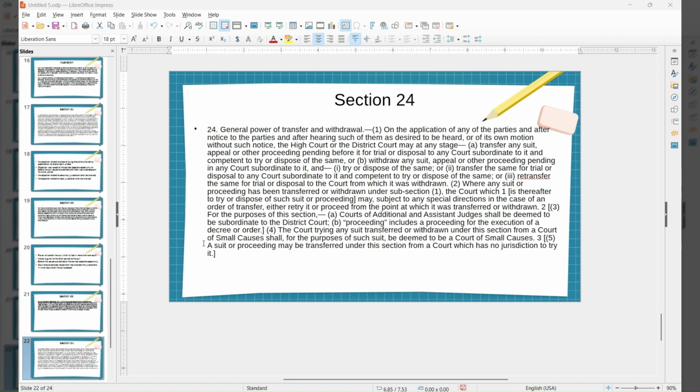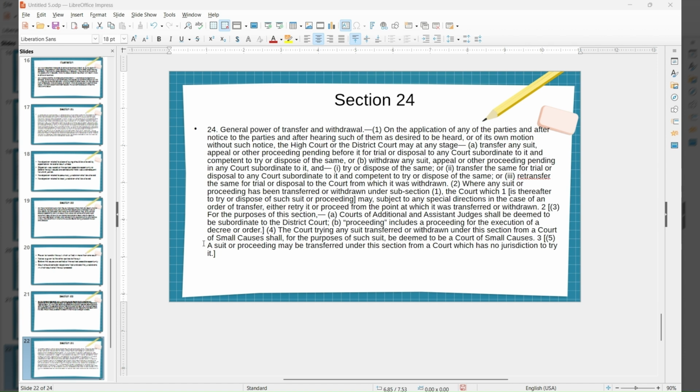Or if they feel it should be a fresh trial, then they can start a fresh trial. So this depends upon the court's discretion and any special directions in the transfer order. Based on that, the court will hear it.